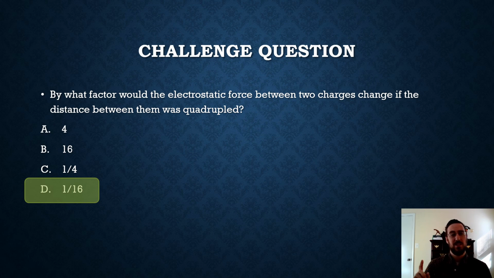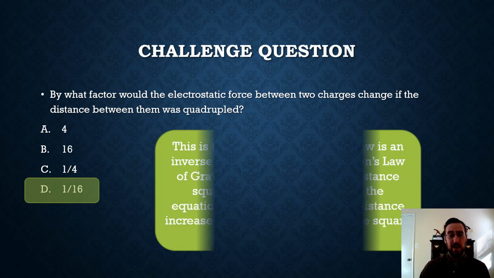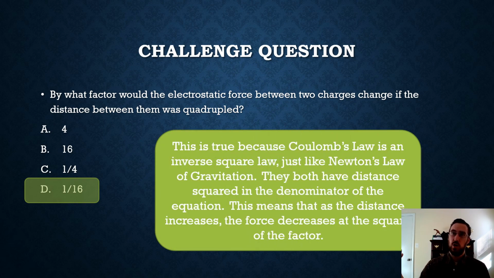Charges that are further away from each other would interact less. And the distance in Coulomb's law is squared in the denominator. So whatever factor happens to the distance, you have to square it. So 4 squared is 16, therefore 1/16 the force.